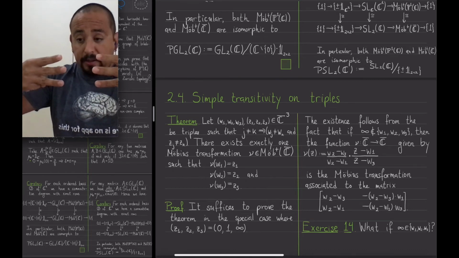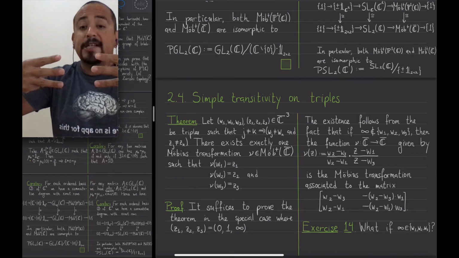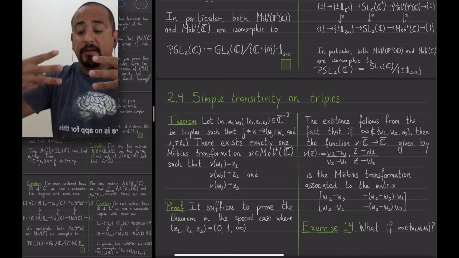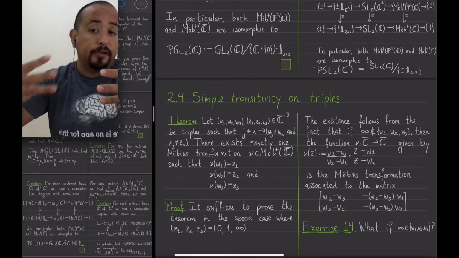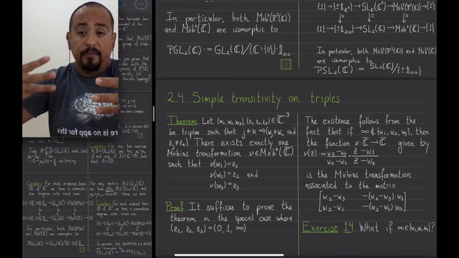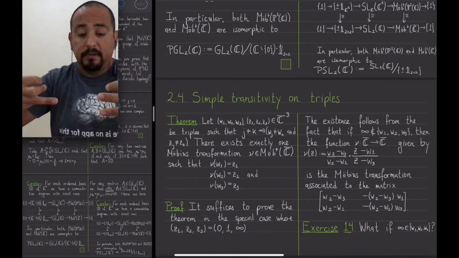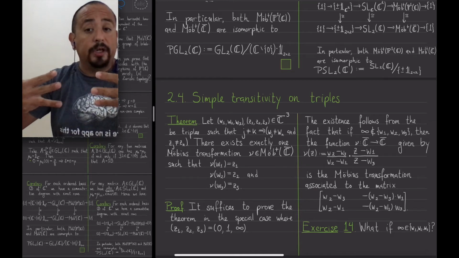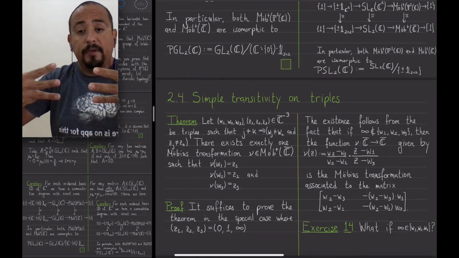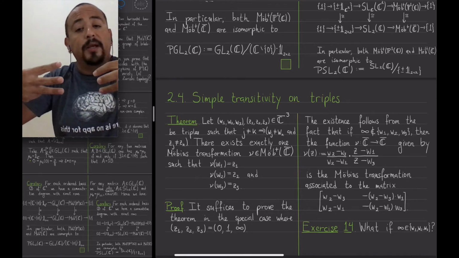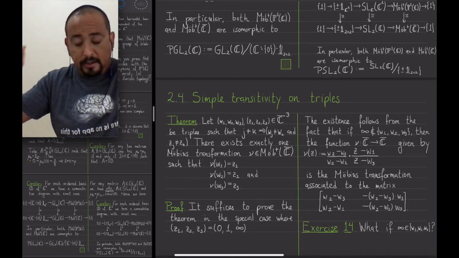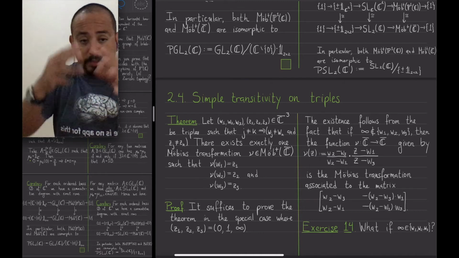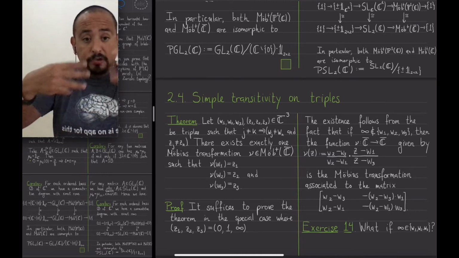then there exists exactly one Möbius transformation sending this ordered triple to this ordered triple. So the first element to the first element, the second to the second, and the third to the third. I take the triples ordered, because if you permute them, the question changes, and you may have to change the Möbius transformation.